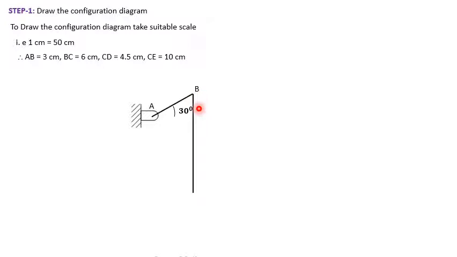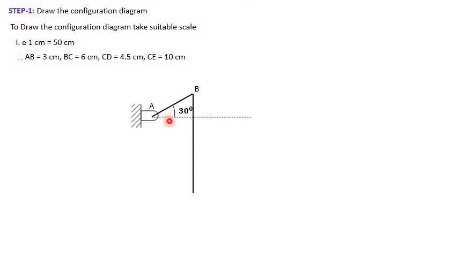Once this much is over, next we have to locate the horizontal reference line. From the point A, I will draw a horizontal reference line like this.